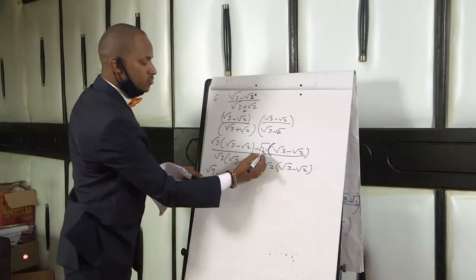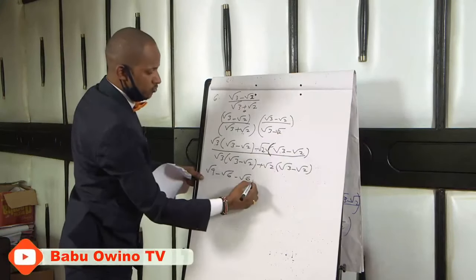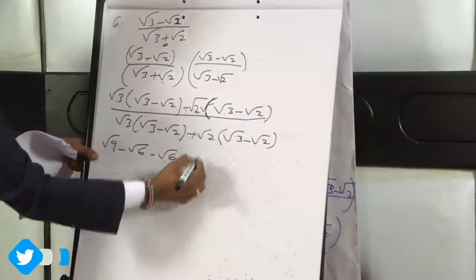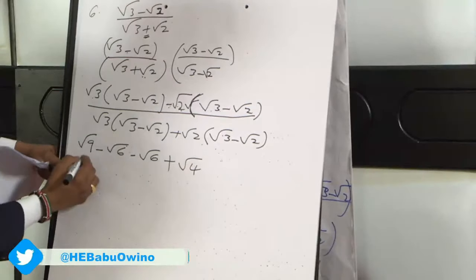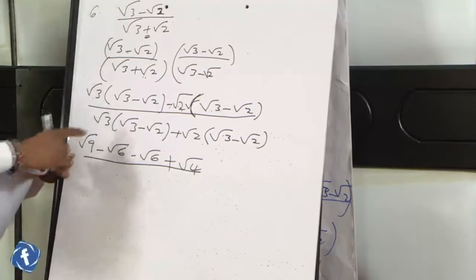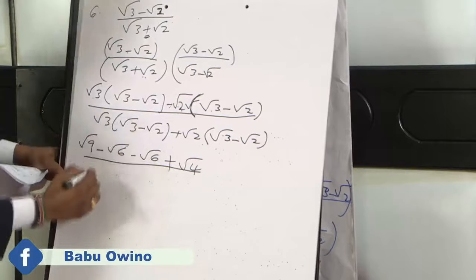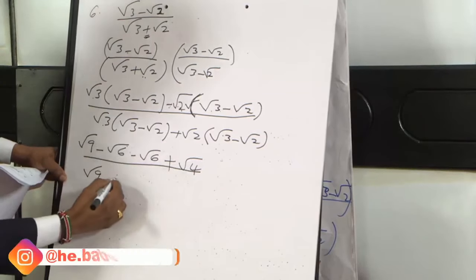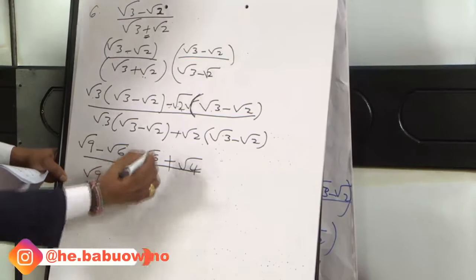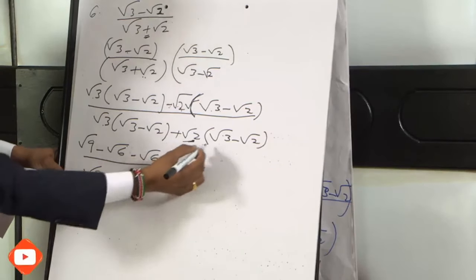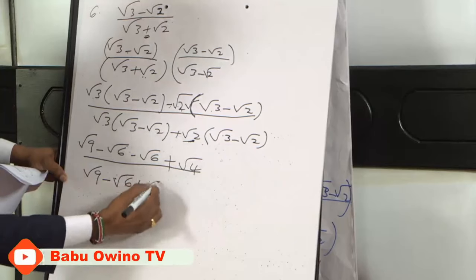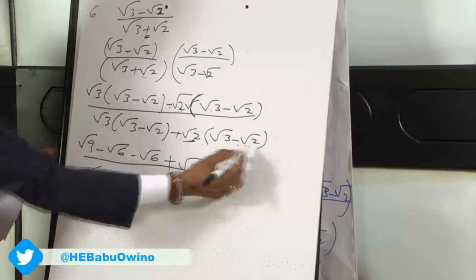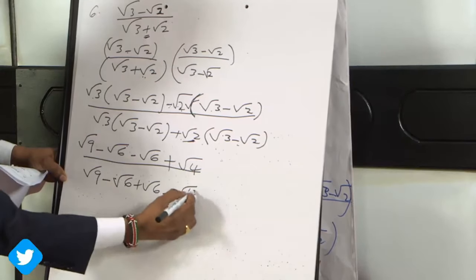Then minus root 2 times minus root 2, you get plus, minus times minus is plus, root 4. Then you divide by root 3 times root 3 is root 9. Root 3 times minus root 2 is minus root 6. Root 2 times root 3 is plus root 6. Then plus root 2 times minus root 2 is minus root 4.